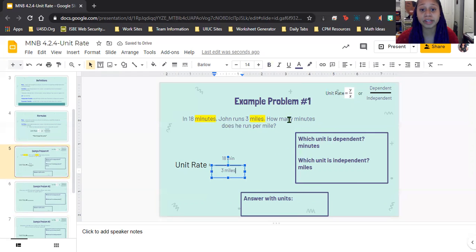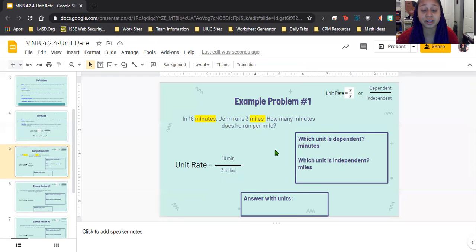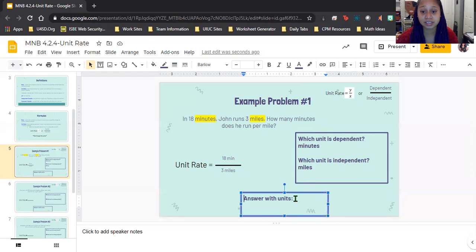We're looking for the minutes per mile, and this looks like 18 minutes per 3 miles. When we do this division, 18 divided by 3 is 6. We can't just leave 6 alone, so we have to add our units. They said minutes per mile, so 6 minutes per mile.